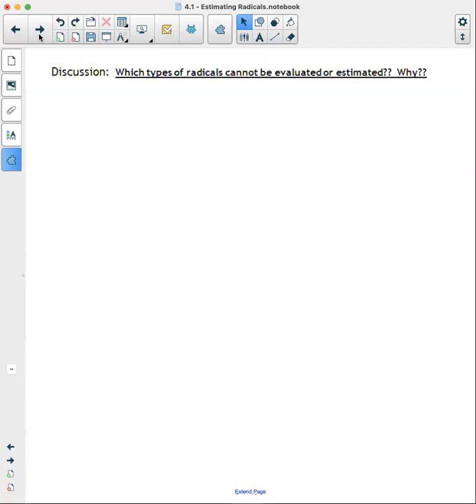But yeah, so those types of radicals that cannot be evaluated, so we cannot take the square root of a negative number. Okay. Cannot take the square root of a negative number.